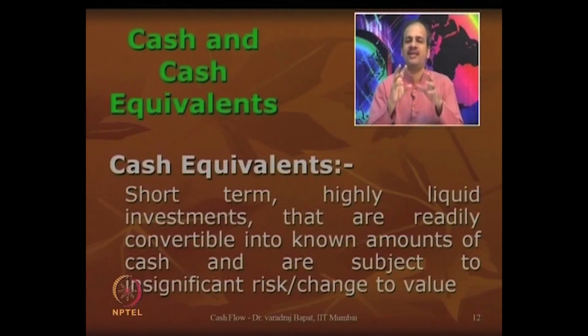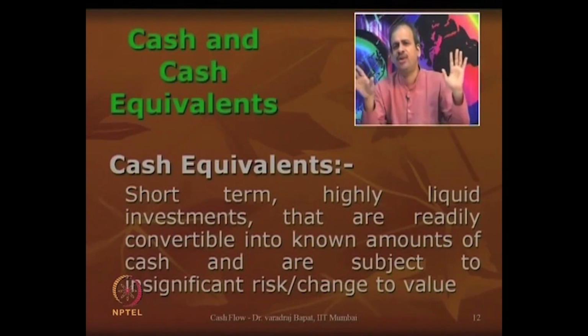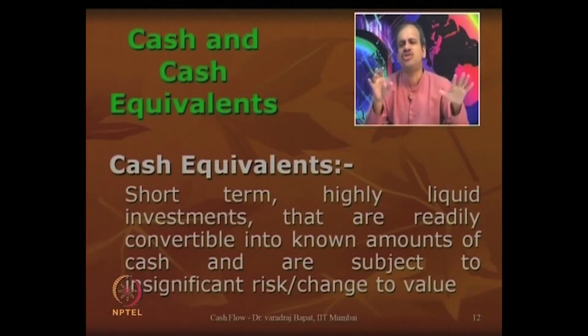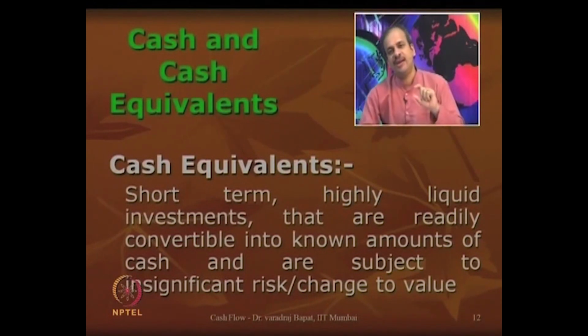So, gold does qualify as a highly liquid investment. It can be readily converted, but it has a high risk. So, even if it has a low risk, we will not qualify. If the risk is almost zero, only then will we call it cash equivalent. So, items like gold and shares are ruled out. FD could be considered provided it is liquid.